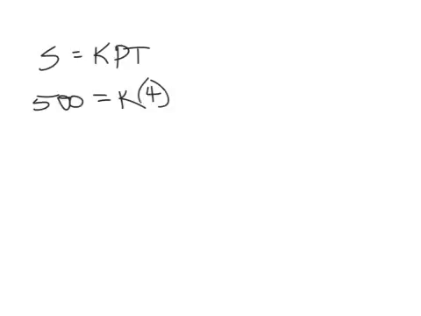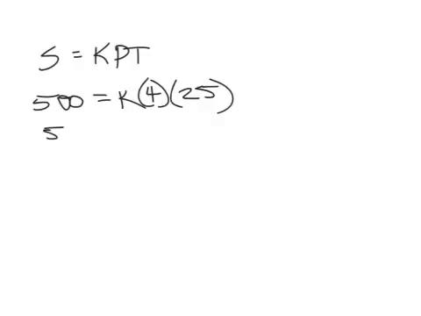So let's look at 96.2. Strawberries varied jointly as plums and tomatoes. Alright, if 500 strawberries, I know I'm going to be looking for k, went with 4 plums and 25 tomatoes. Okay, so let's find k.